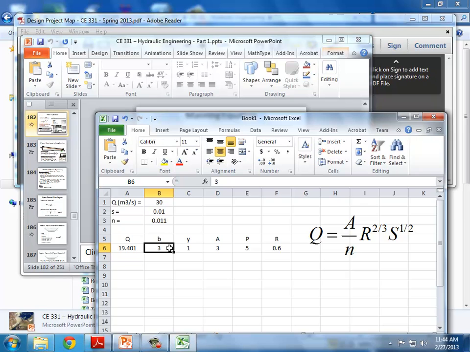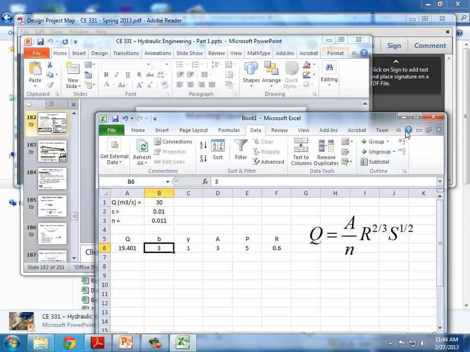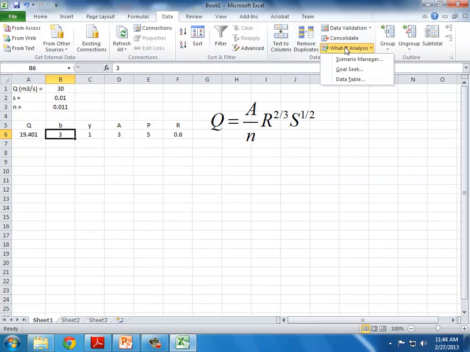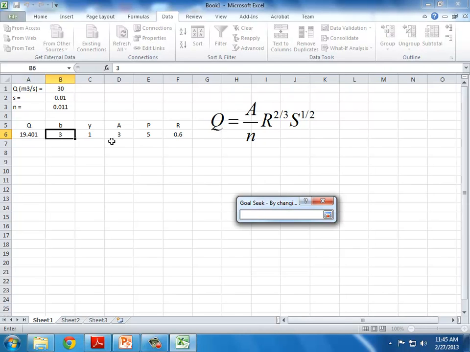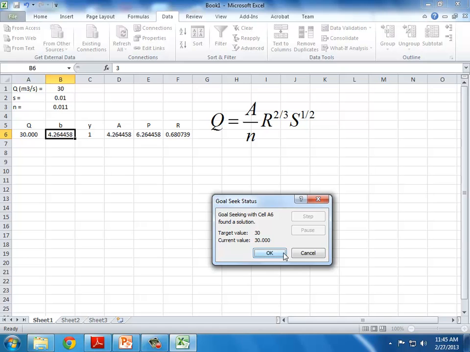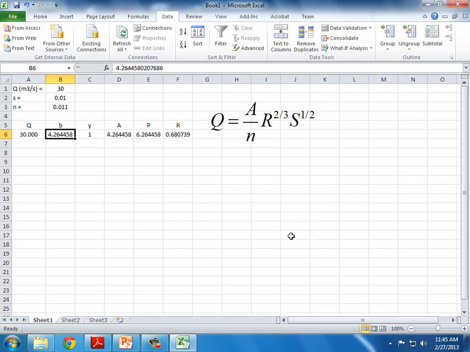So how wide would the channel have to be? We can set up a what-if analysis that does goal seek, where we're trying to get this equal to the 30 that we know of, and the parameter that should be changed is the width, and it'll automatically solve for the width that's needed. 4.26 would be the width in this case.